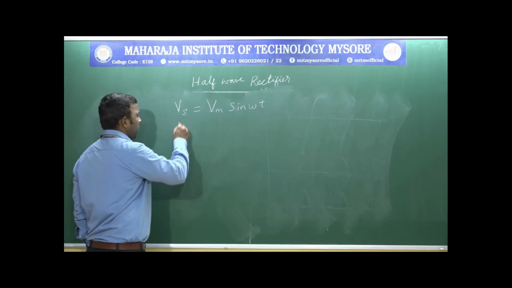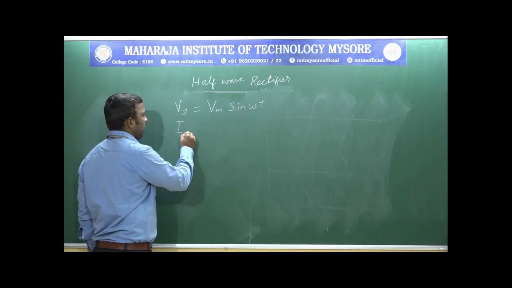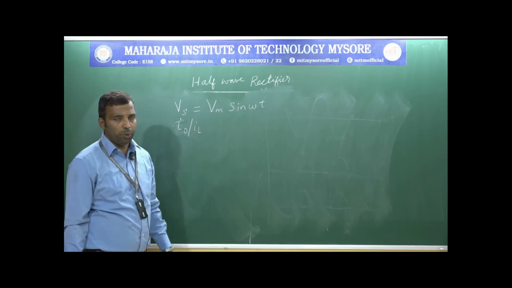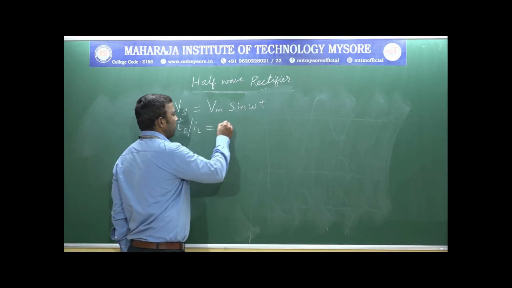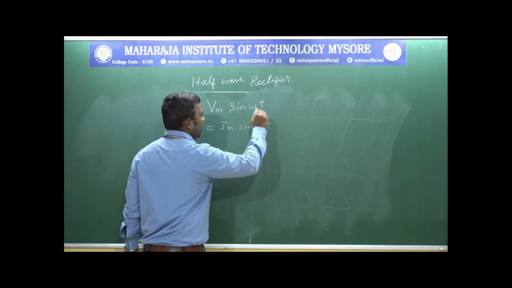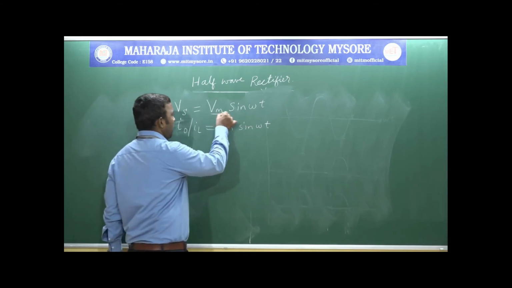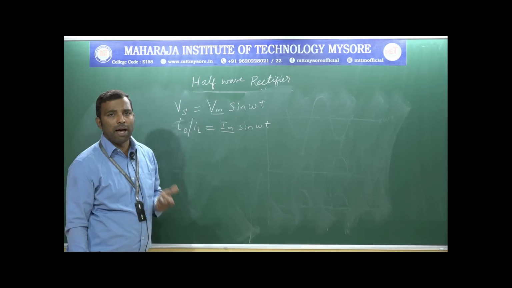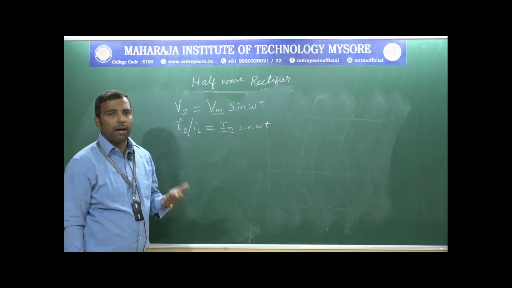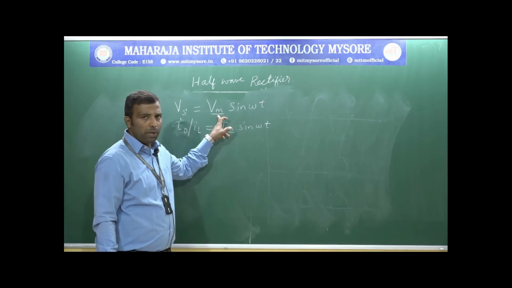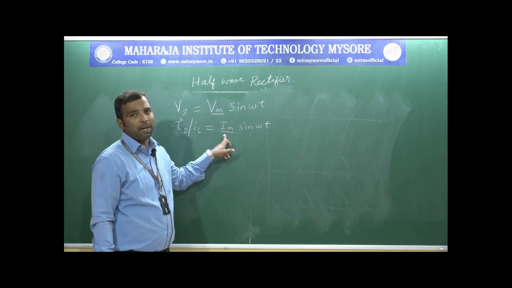Similarly, for the current, I naught, and the load current IL or output current, both are the same, equal to Im sin omega t, where Vm and Im are the maximum values of voltage and current respectively.